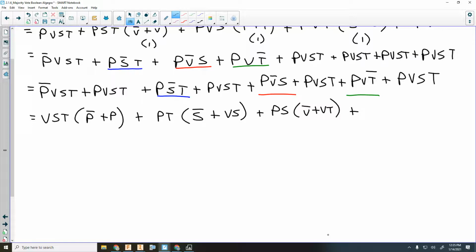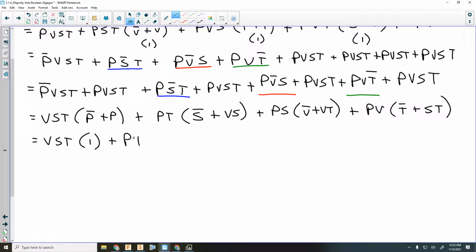And the last group, PV, and we'll be ANDed with T naught or ST. Well, that's VST and 1.